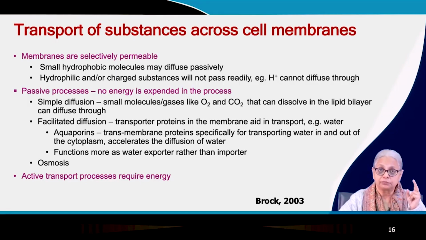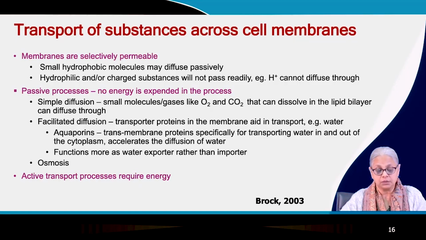There are two types of transport processes. We have passive transport and active transport. In passive transport, no energy is utilized by the cell. There are three types of passive processes that we are going to look at. One is simple diffusion, the second is facilitated diffusion, and the third is osmosis.